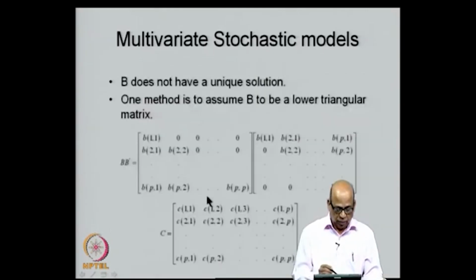So, first I determine B11, then I go to B21, then B22, then B31, B32, B33, come to next B41, B42, B43, B44, like this. All the elements to the left and lower side of the principal diagonal, I will start determining one by one using this expression.